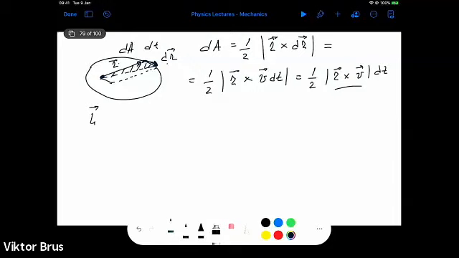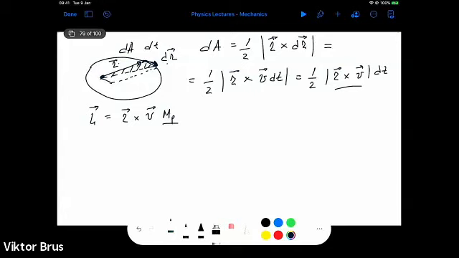On the previous slide, we wrote that angular momentum is the product of radius vector, velocity, and mp, which is the mass of the planet.